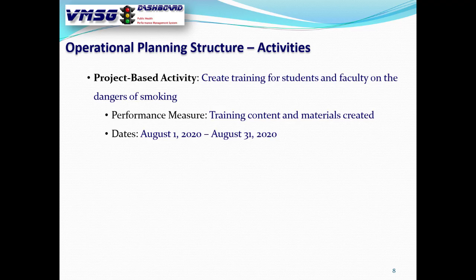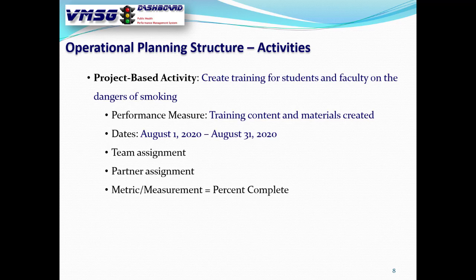So in this case, we have August 1st, 2020 through August 31st, 2020. The assignment of team members and 1 or more team leaders. The assignment of any external partners involved with this activity. The metric or measurement, which is simply a % complete in a project-based activity. This is one of the activities for our example plan.